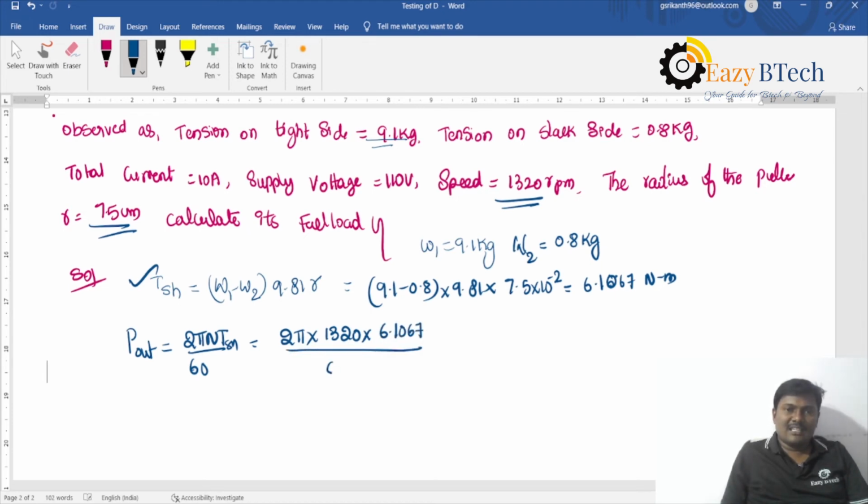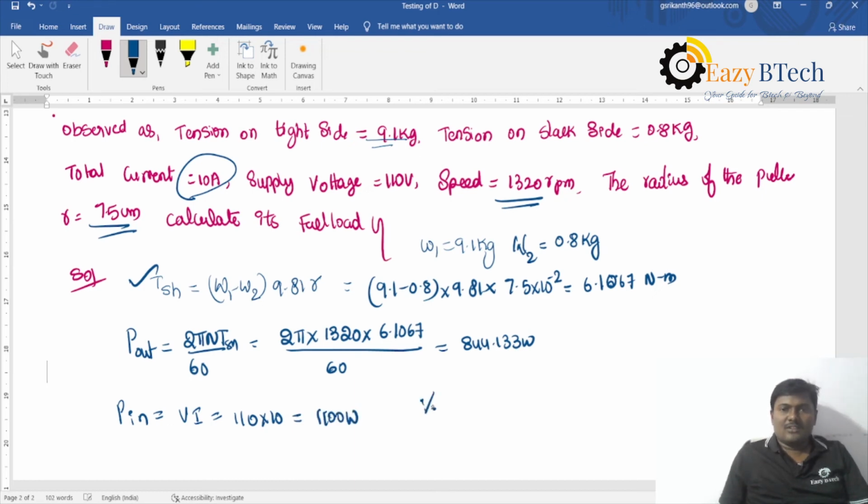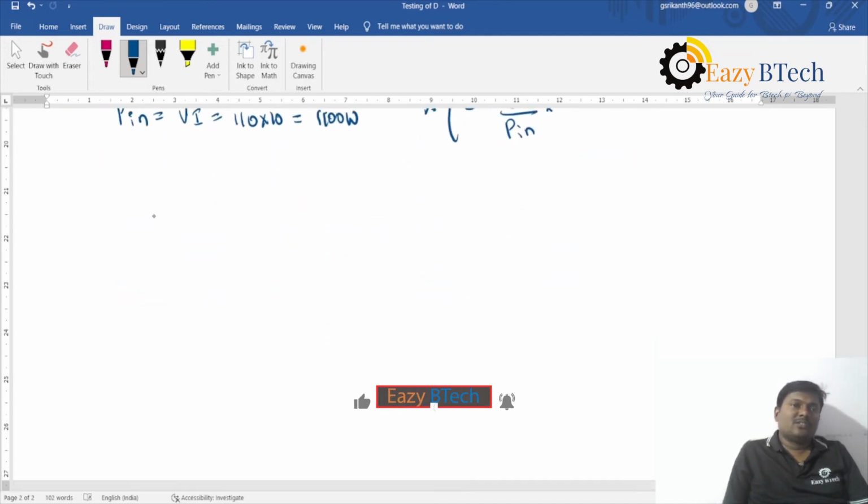Now that I have the torque, output power is 2 pi NT by 60: 2 pi into the speed given in the problem, 1320, into 6.1067 divided by 60. The shaft power is equal to 844.133 watts. Then power input is equal to V into I. The total current is given as 10 and supply voltage is 110, so this is 1100 watts.